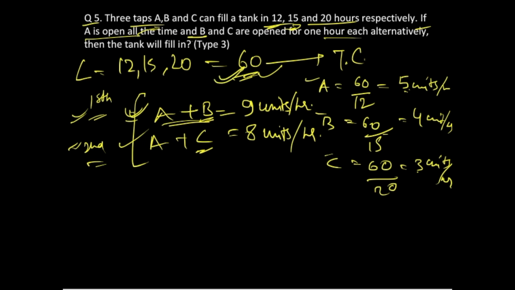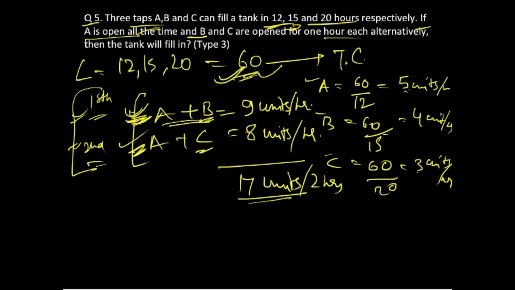So if you look at this particular arrangement, this process is forming one particular cycle, right? And this one cycle consists of half of the part being done by A plus B and half of the part done by A plus C. So combinedly they are putting in 17 units in 2 hours. Because on the third hour A plus B is going to work with 9 units per hour, and in the fourth hour A plus C is going to come and they are going to put in 8 units in the tank.